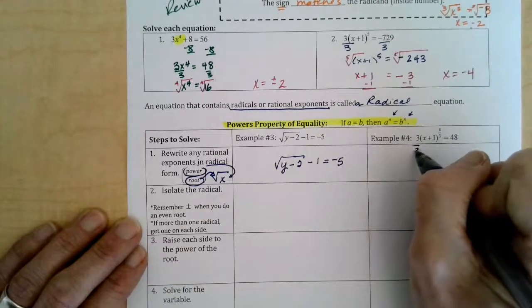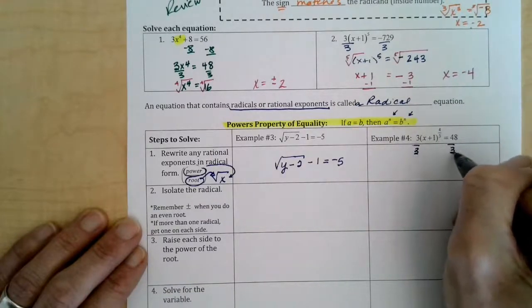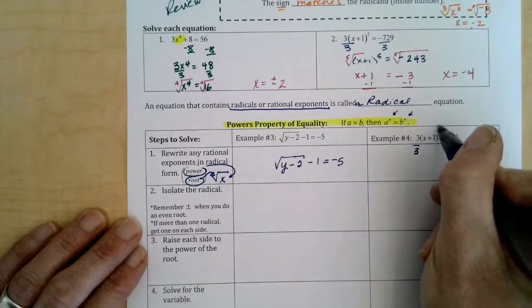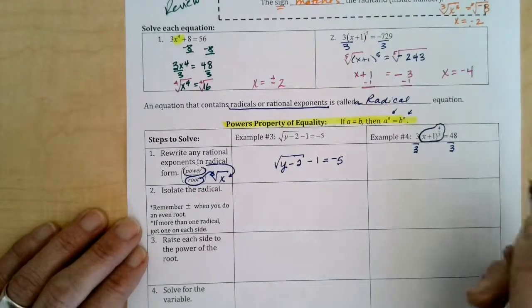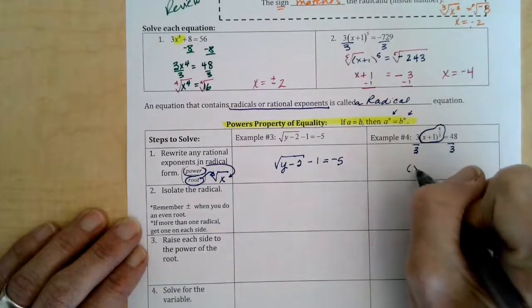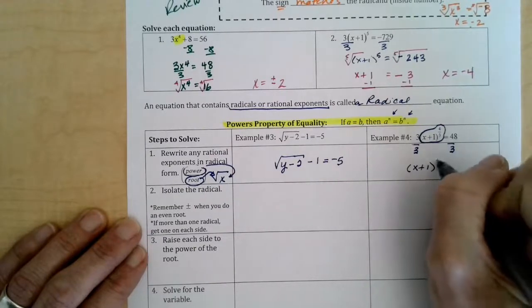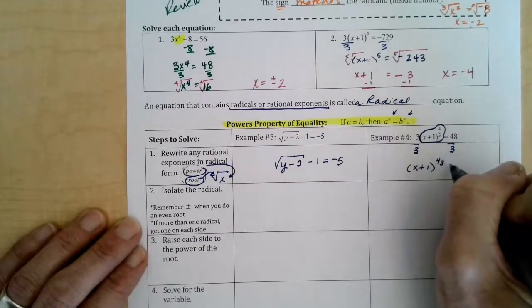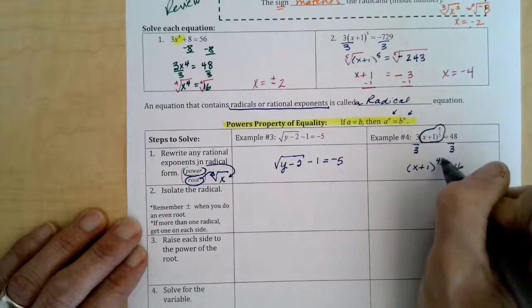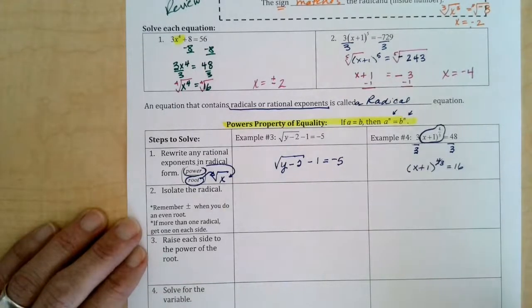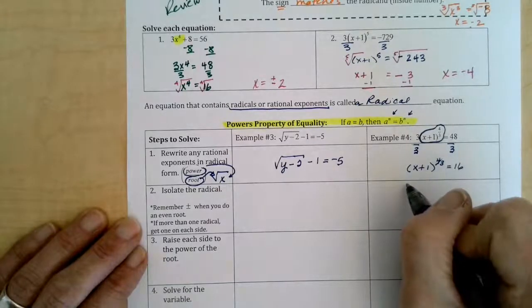The first thing I should do is divide by this 3, because this exponent only has to do with this part of the conversation, not the 3. So when I'm looking at x plus 1 to the 4/3 power, and that equals 16, I'm going to rewrite this rational exponent as a radical.